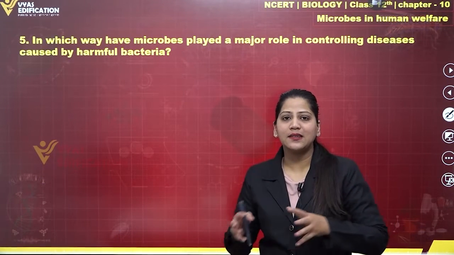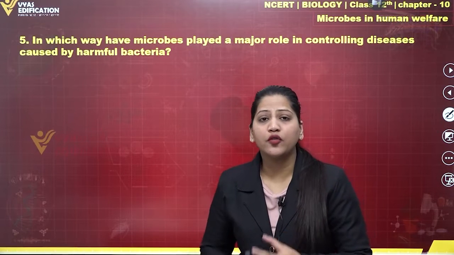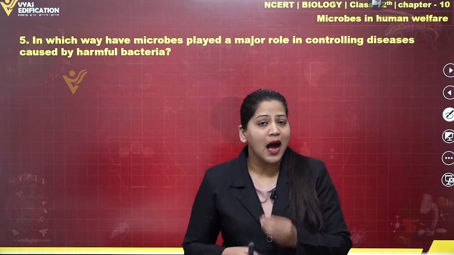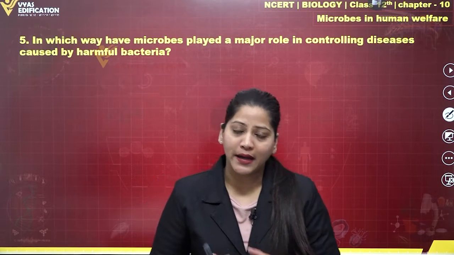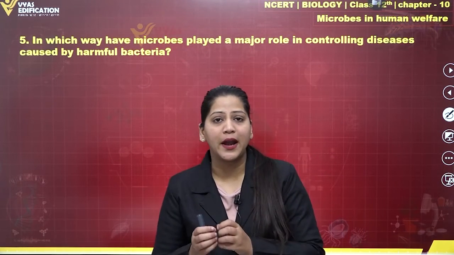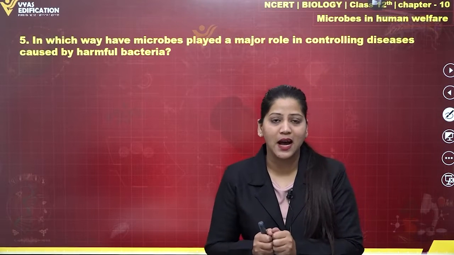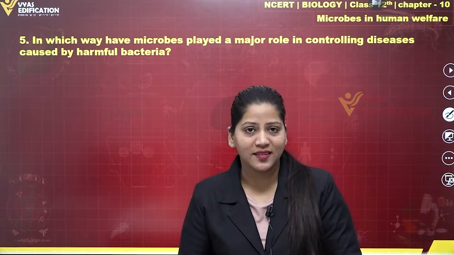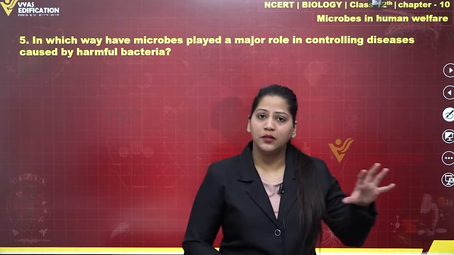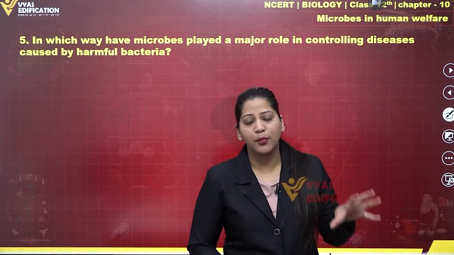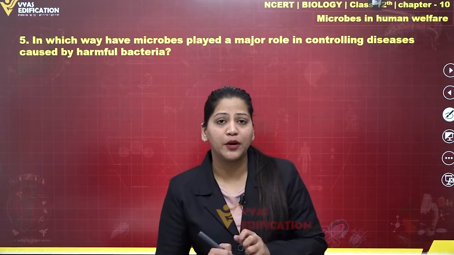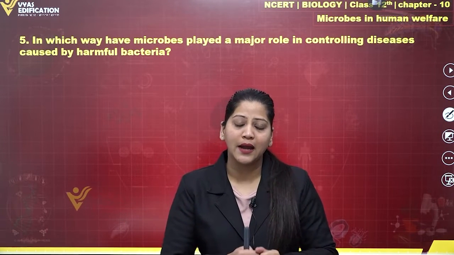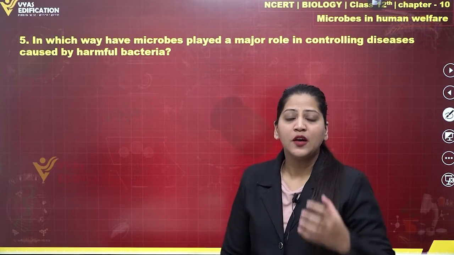Among bacteria and fungi, most of the antibiotics are produced from bacterial genera. The highest number of antibiotics which are produced from the bacteria are from genera Streptomyces and Bacillus. And if I talk about the fungi, the highest number of antibiotics are produced from genera Penicillium and Cephalosporium. So this is the answer.